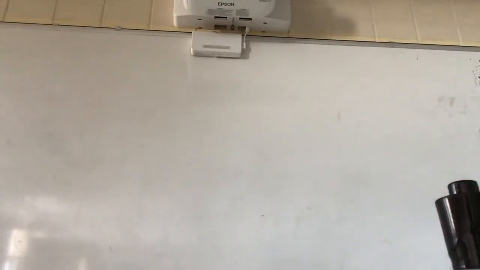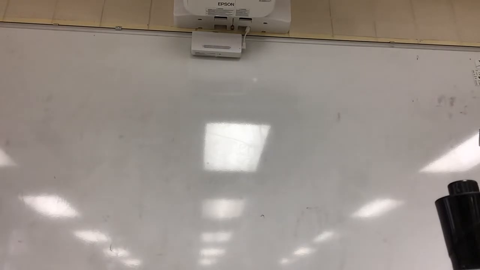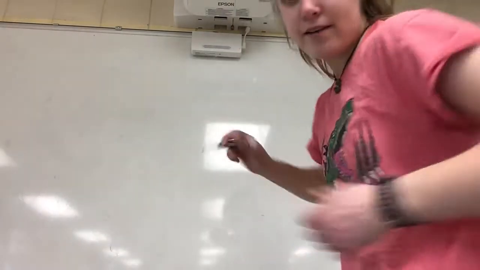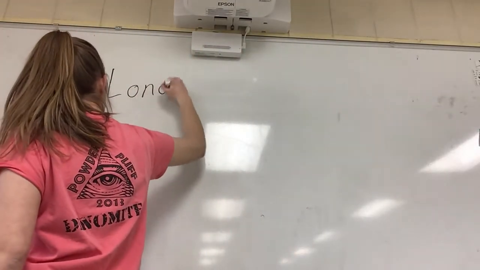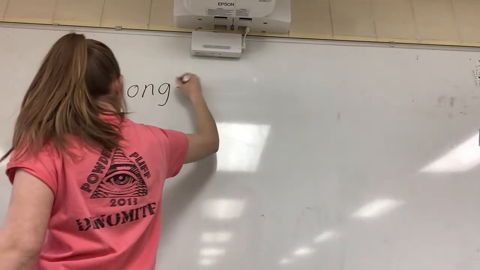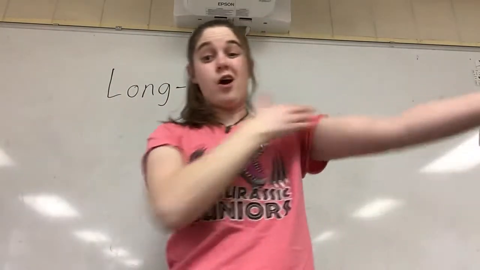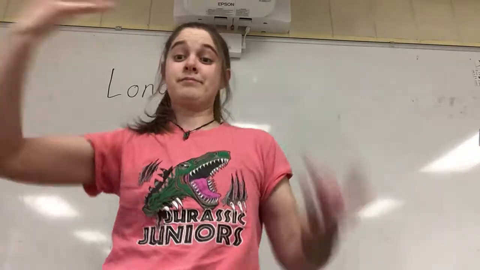And the last bit of the video is classifying bones. And this part you're going to want to write down again. So we have 5 classifications. Long bones. Think arms, legs. They're long. Long bones.